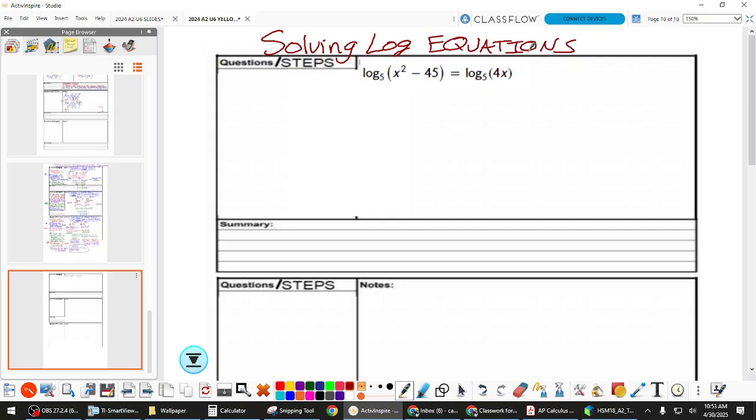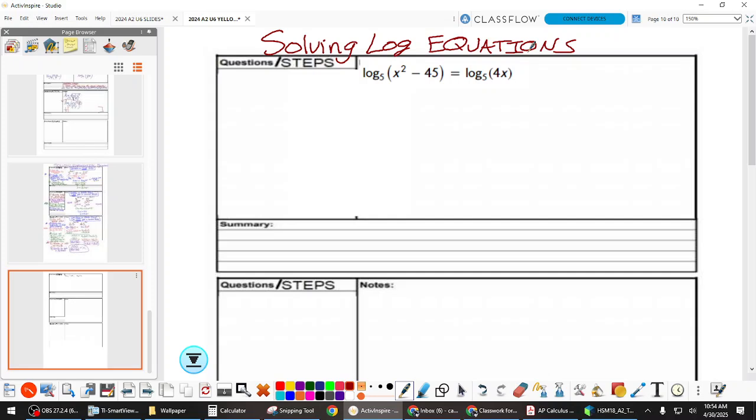Okay, I'm going to give you a hint. Is it okay to have a negative inside of a log? So what do we call that if one of our solutions, or maybe both, don't work? What do we call it? Last unit we had to check for this. It starts with an E.